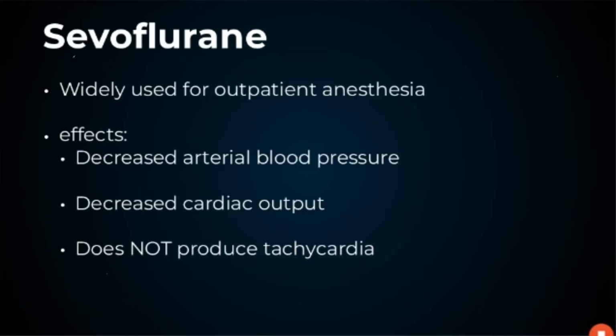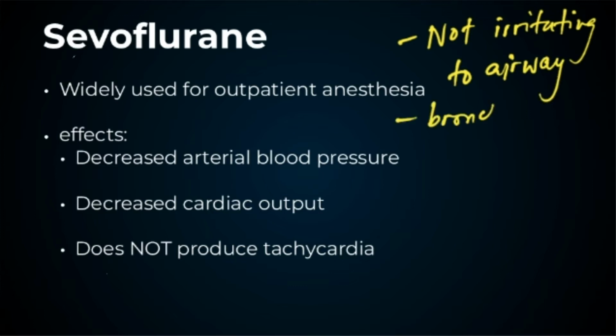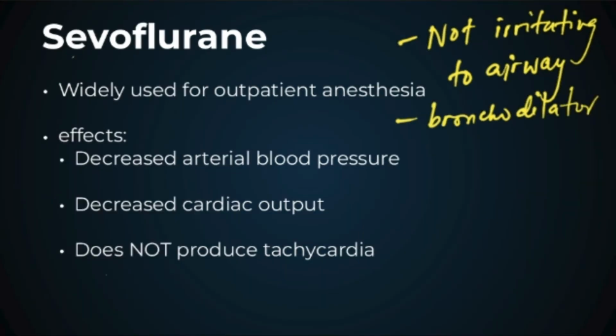We also have sevoflurane. Sevoflurane is widely used for outpatient anesthesia because of its rapid recovery profile and because it is not irritating to the airway, even if it is a potent bronchodilator. It produces a concentration-dependent decrease in arterial blood pressure due to systemic vasodilation, and it also causes decreased cardiac output.